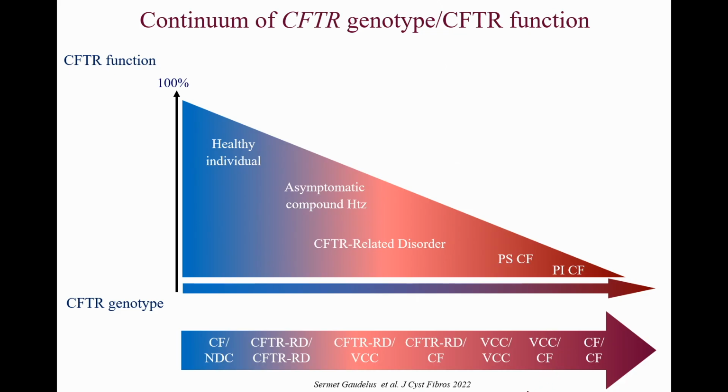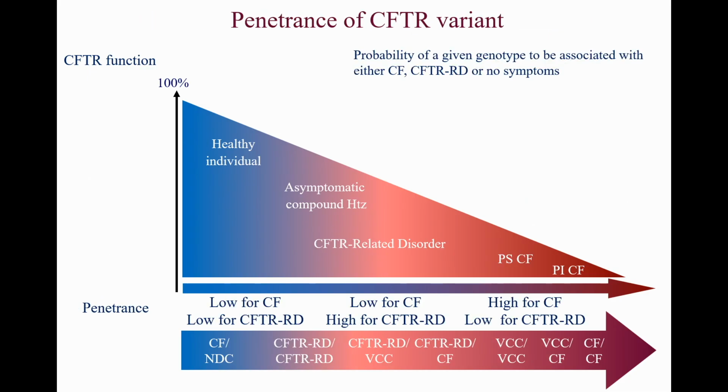Of course, this classification is very imperfect, and in fact, this reflects the probability of a given genotype to be associated with either CF or CFTR-related disorder, or also no symptoms in an asymptomatic compound heterozygous.